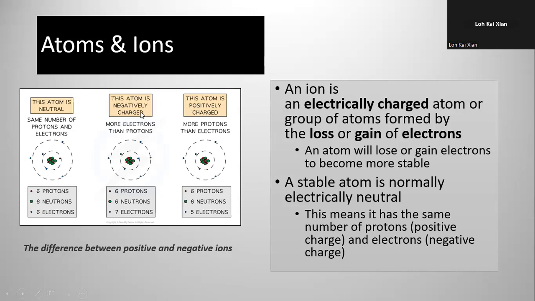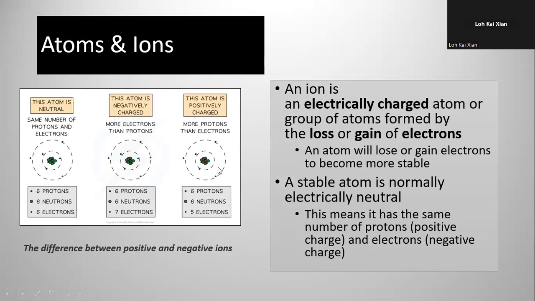So you can use your idea of chemistry to help you. Right? This is 6 protons, 6 neutrons, 6 electrons. Neutral atom. If you have an extra electron, then it's an ion. Right? This is more electrons than protons.